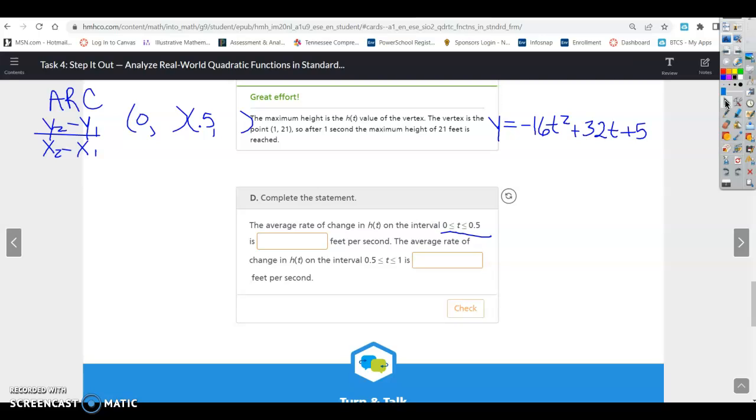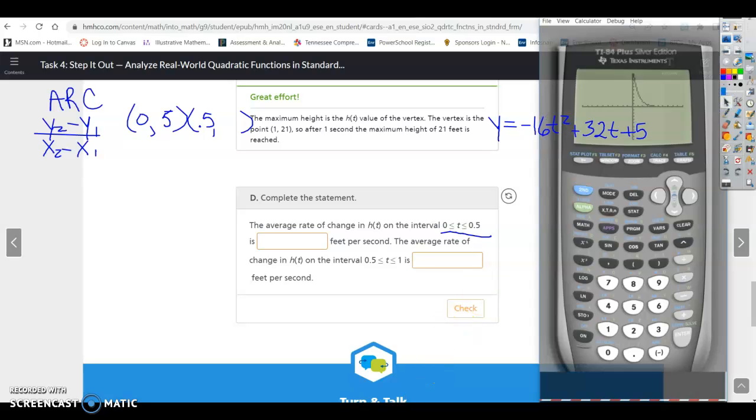If I plug 0 in, 0 times anything is 0, so 0 plus 5. So if we substitute 0 in, we get 5. That's our y value when we plug in 0. And then we're going to plug in 0.5. Just take your calculator and quickly do this.